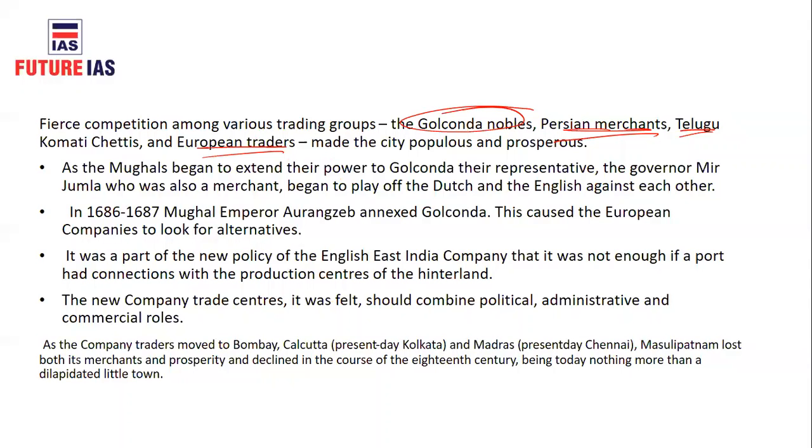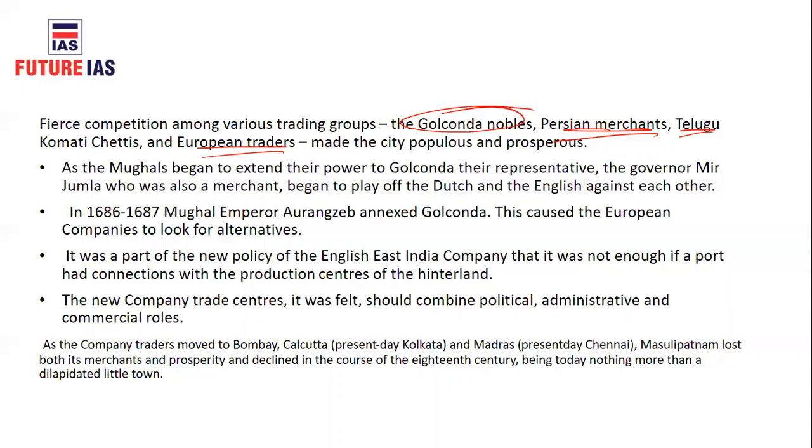So as soon as the Mughals tried to expand their power to Golconda, the governor, who was also a merchant, began to play off the Dutch, because the Dutch wanted to control this entire trade, isn't it? So the Dutch wanted to play the ruler of Golconda against the East India Company.